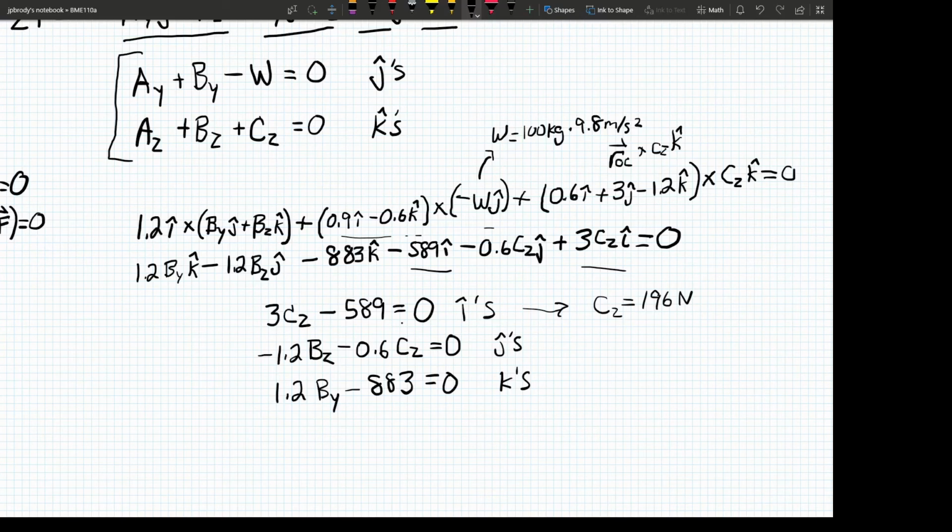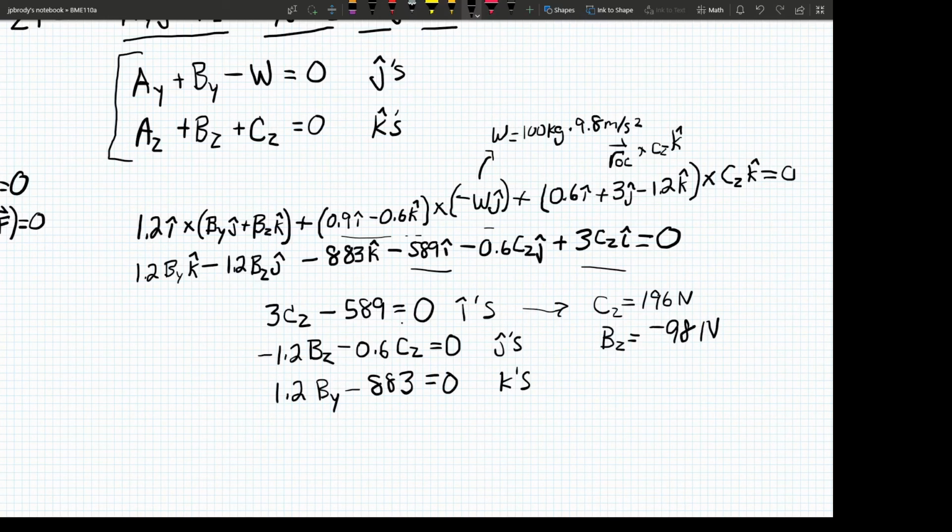That's rounding things. Then once I've got that, I can plug it in here, and I can get b sub z right here, and that's a negative 98.